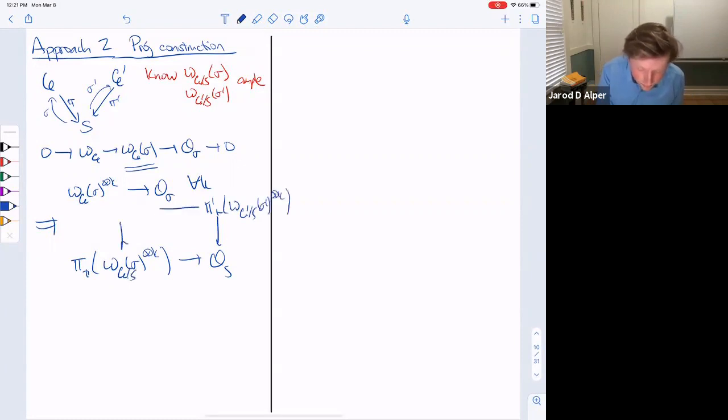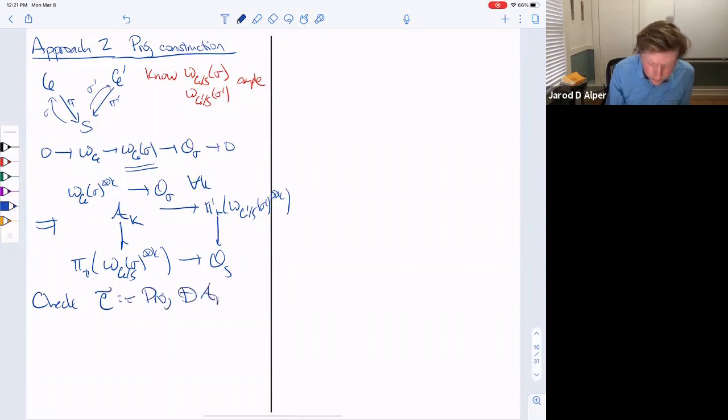And then I take the fiber product of these sheaves, and I call that AK. And then I check that C tilde, which is the Proj of this over S, is the desired stable family.